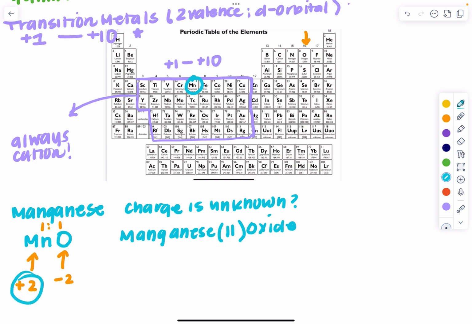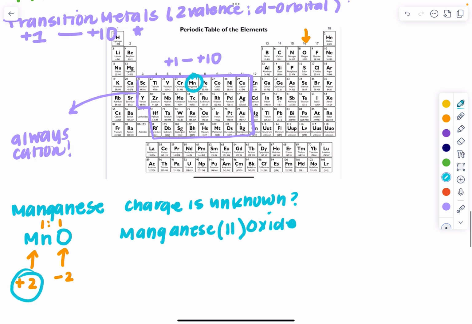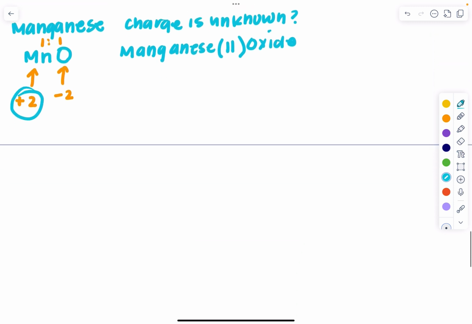So we write 2 in Roman numerals, and I can go over the Roman numerals. Let's say we had something that was Mn2O. Okay. The charge of oxygen is known, it's -2. We have 2 manganese, so each manganese must be +1, because +1 is going to add up to +2.